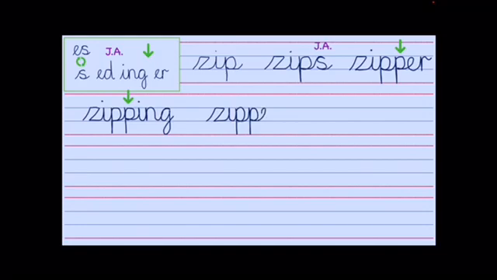Double and ed. It sounds like t, but it isn't. Zipped is still suffix ed, because it's an action that's already happened. And again, we doubled that P.